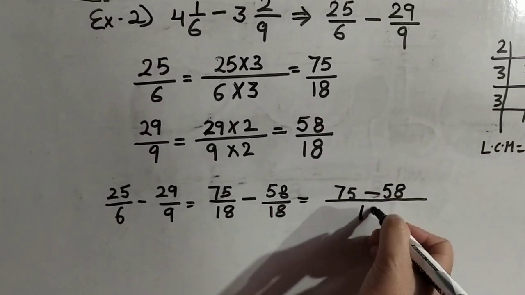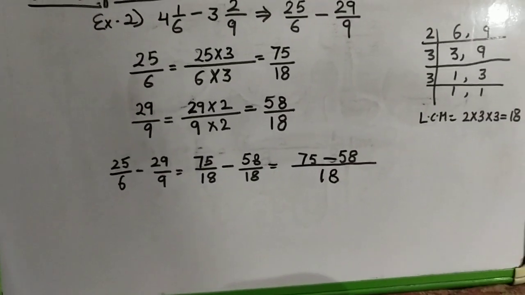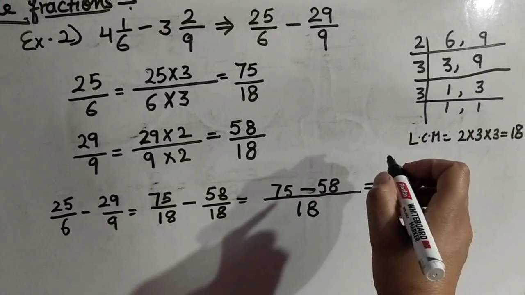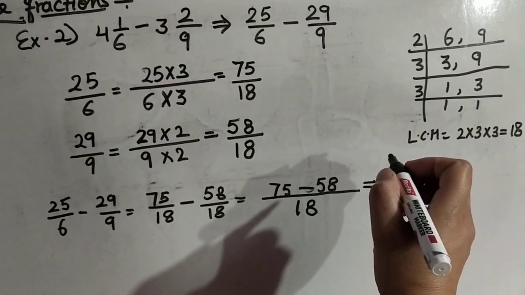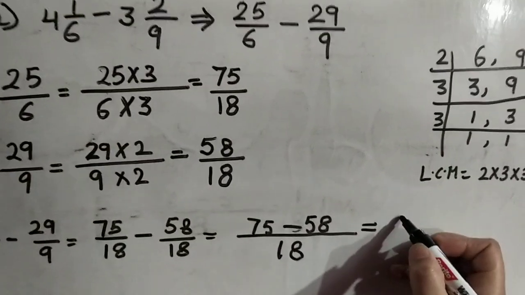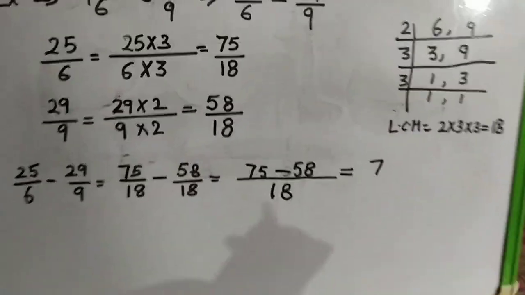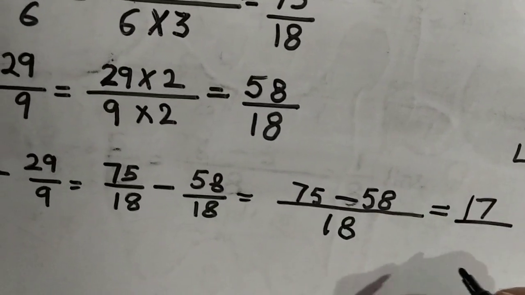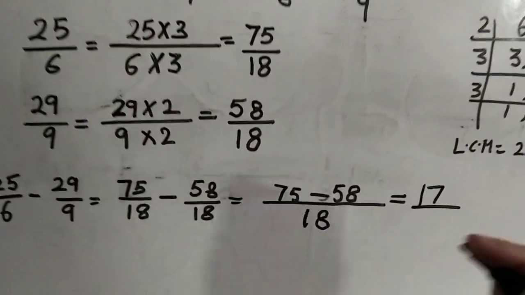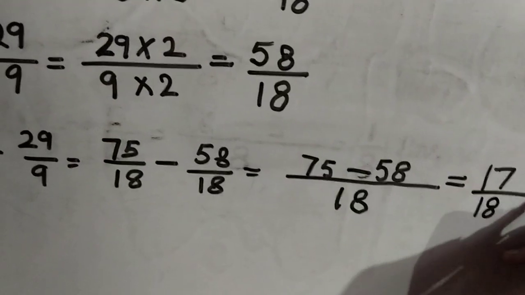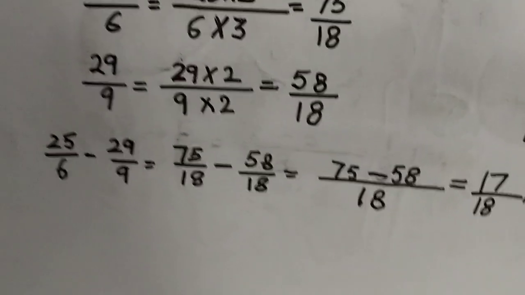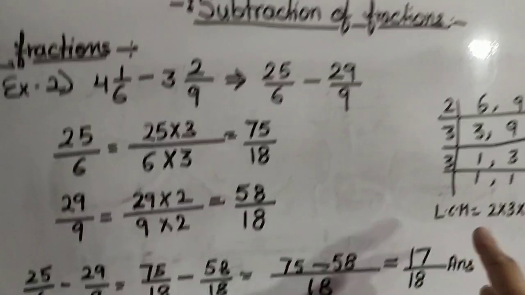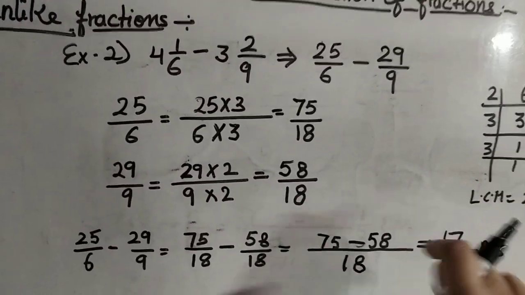And the common denominator 18. Now subtract it. Seventeen upon 18. What is our answer? 17 upon 18. Again I am repeating, this answer is a proper fraction, so we will not change it.